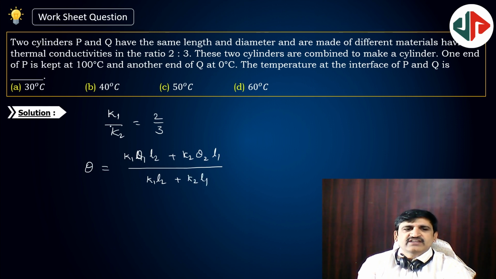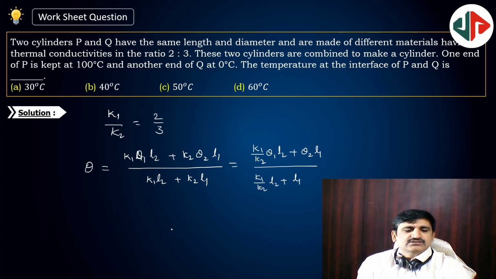Here he gave K1 by K2, so take K2 common in the numerator and denominator and cancel it: K1 by K2 into theta 1 L2 plus theta 2 L1 by K1 by K2 into L2 plus L1.